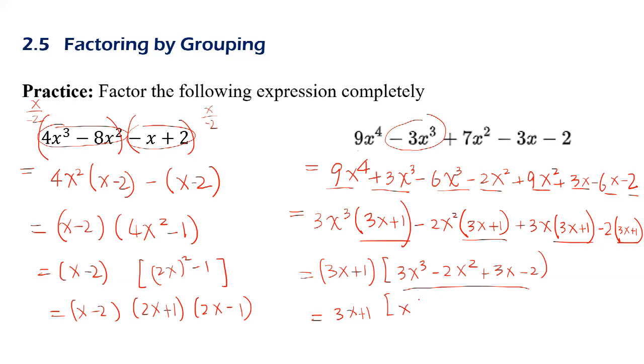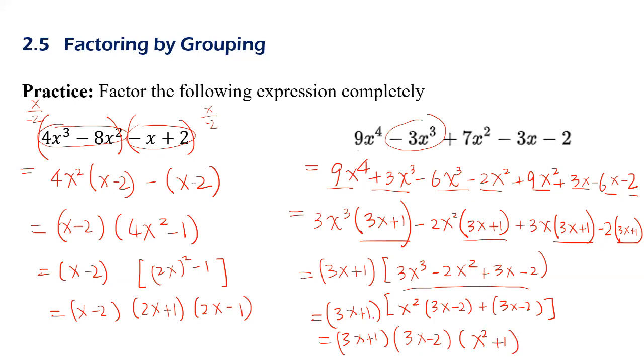So for the first two terms, greatest common factor is x squared, and then 3x minus 2, plus 3x minus 2. And then we have 3x minus 2 as a common factor, and what's left there is x squared plus 1, right? And in this way, we can factor the original expression into this.